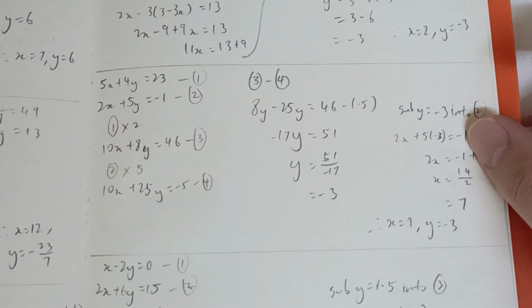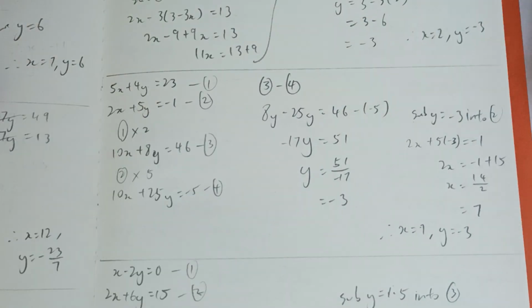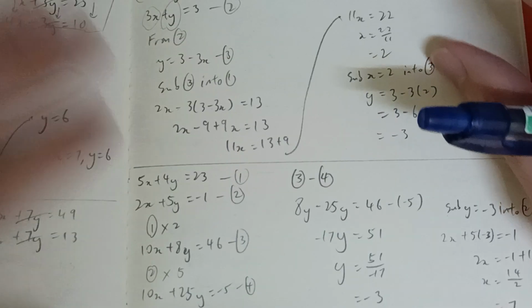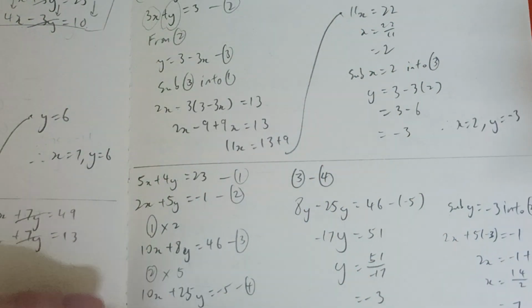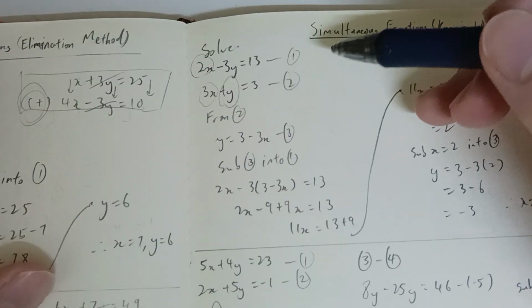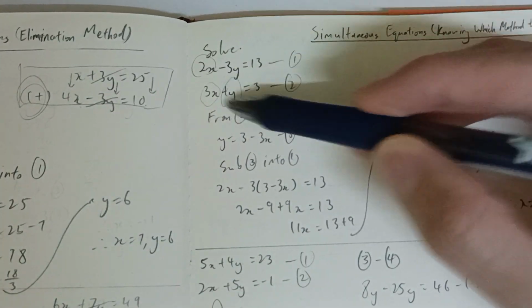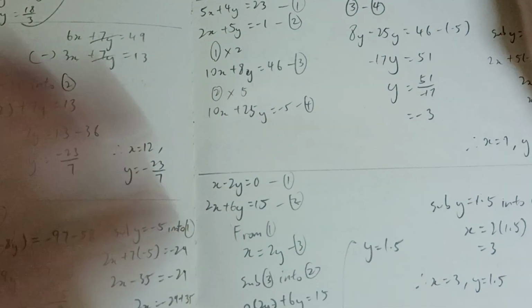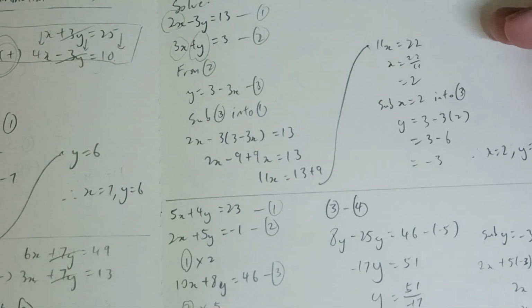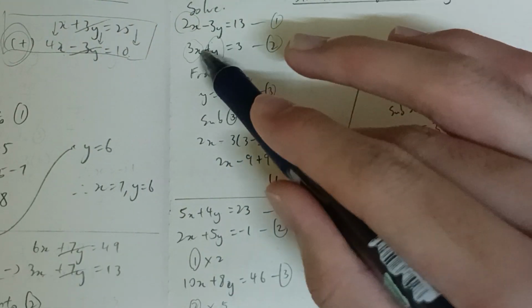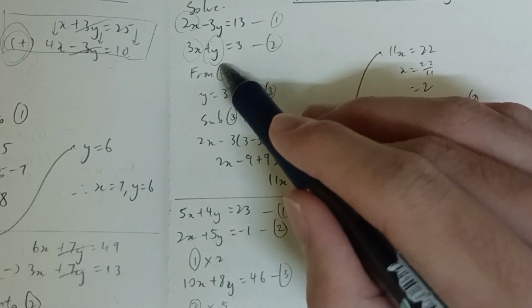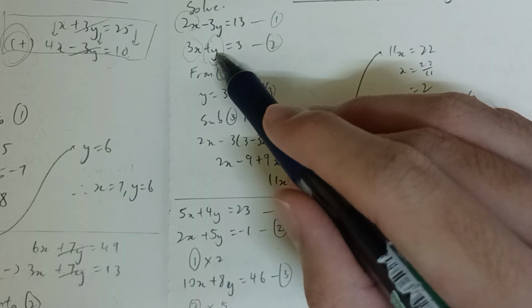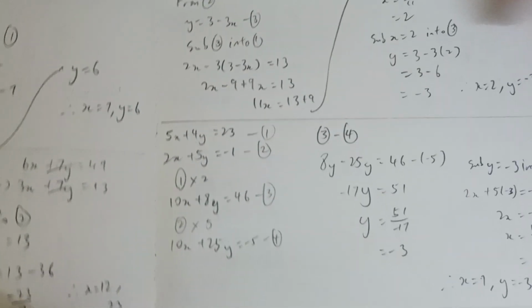So again, which method should you use? It depends on the question. So just to summarize, for substitution method, it's best to use it when you see an unknown without a coefficient. When you see an unknown without a coefficient, you can immediately substitute by rearranging the equation that has the unknown without a coefficient.